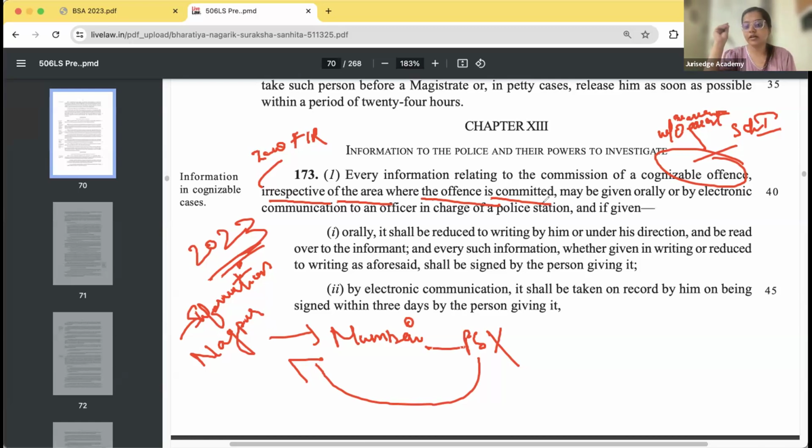FIR can only be filed in case of cognizable cases. The police will record the FIR only in cognizable cases, irrespective of the area where the offense is committed. In India, obviously. Maybe given orally or by electronic communication.